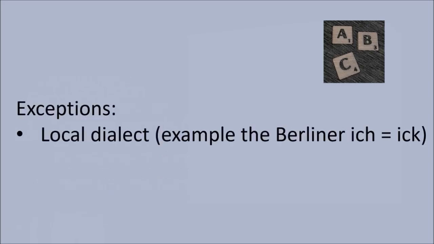Local dialects. Some of the words get pronounced completely different in the north than they are in the south. One example, which a lot of English people probably like, especially those who are struggling with saying ich. In Berlin, those who speak proper Berliner dialect will say ich or icke, whereas in other areas they don't. Think of your own language, your native language, English or whatever language it may be. Think of the standard.